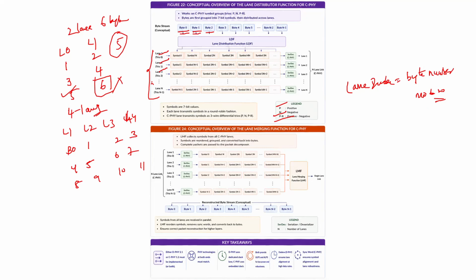Suppose 6 bytes of data are transmitted and 2 lanes are used, then it is 6 mod 2, and that is how it is utilized. Understood how the data will be transmitted?